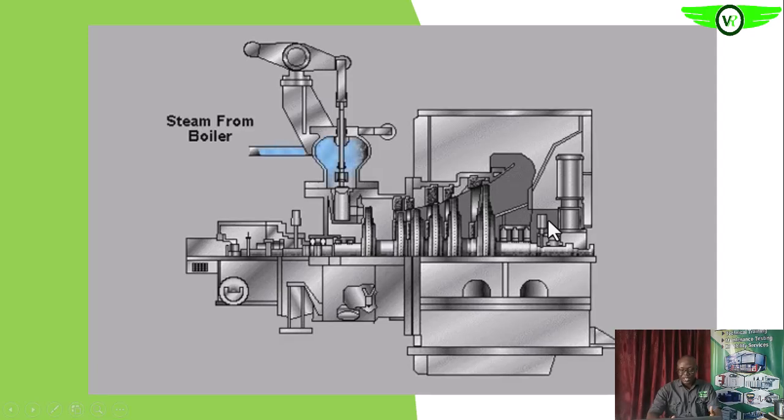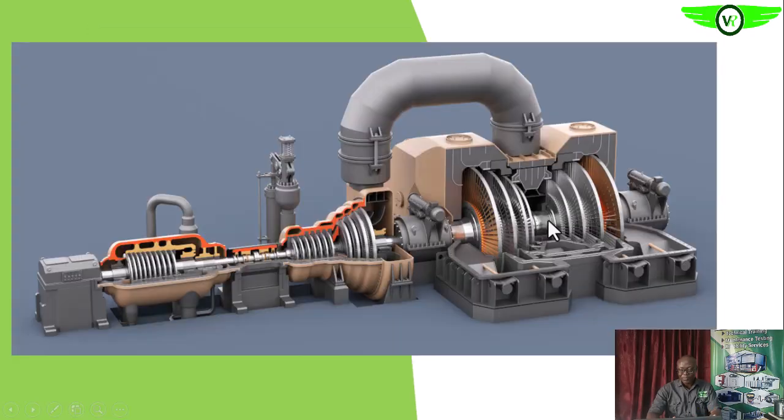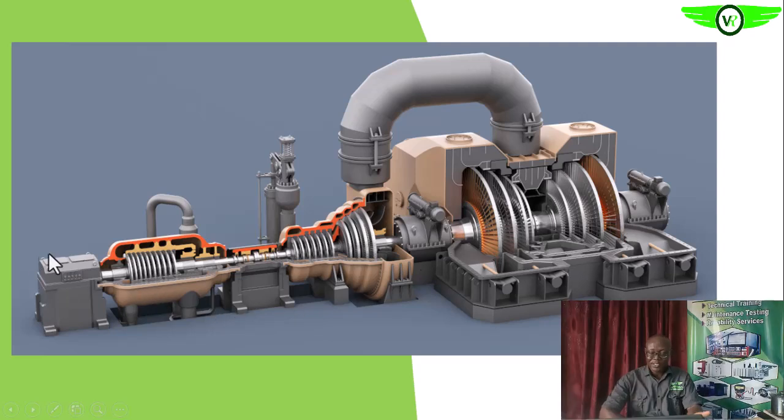In summary, as we have seen earlier, this is the operating cycle of the steam turbine. What you have here is a multi-stage steam turbine. This is the equipment to be driven, which basically is an alternator, a power generation unit.